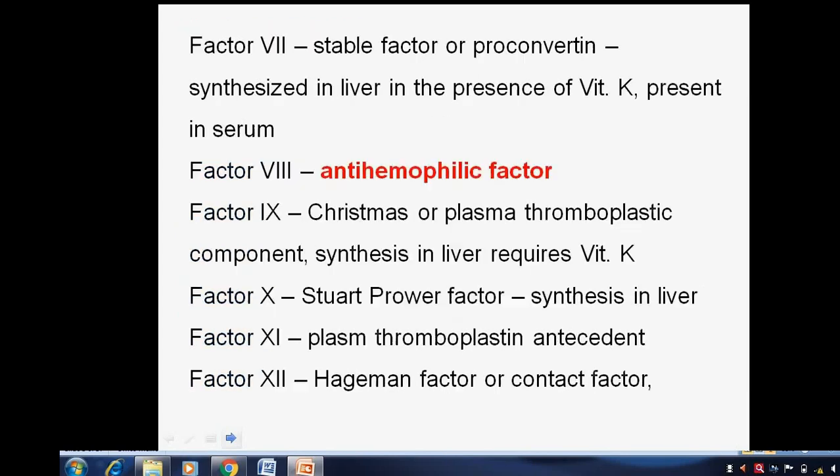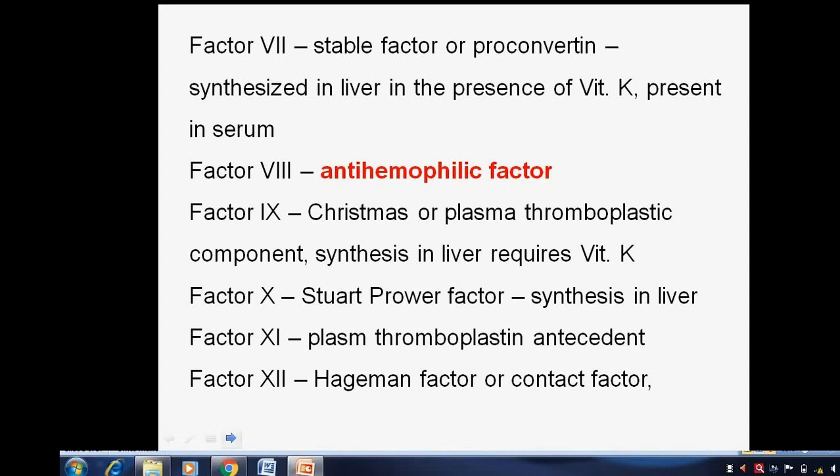Factor 7 is the stable factor, which is synthesized in the liver in the presence of vitamin K, and is present in serum. Factor 8 is known as the anti-hemophilic factor. Factor 9, Christmas factor. Factor 10, Stuart-Prower factor, which is synthesized in the liver. Factor 11, plasma thromboplastin antecedent.